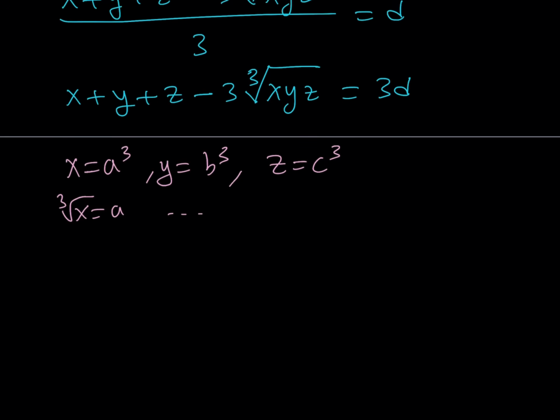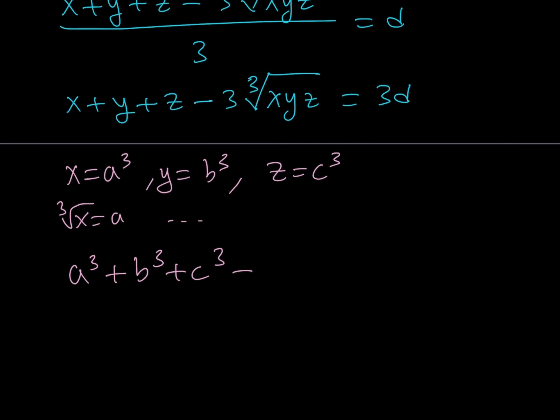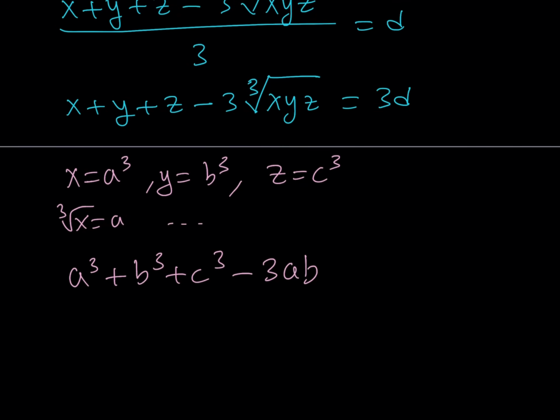We get a cubed plus b cubed plus c cubed. And then the cube root of xyz is equal to abc, because their product is a cubed b cubed c cubed, and when you cube root it, it's just abc. So it's just going to be minus 3abc is equal to 3d.